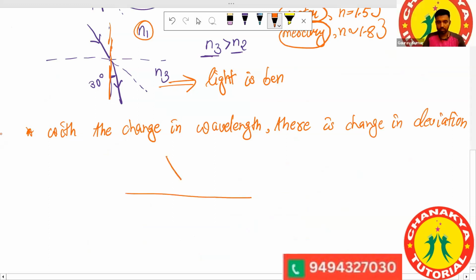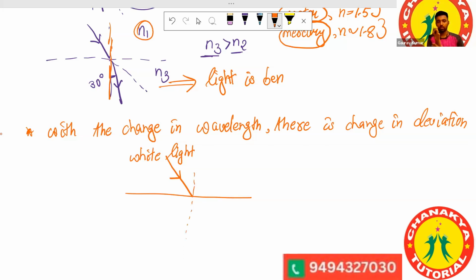Yes, this is a white light, and this is a normal. Until now you must have understood how important this normal is. We should know what the normal is and how we measure angle with the normal, because in higher classes, when you study refraction and other things, we will always measure angle with respect to the normal, right?